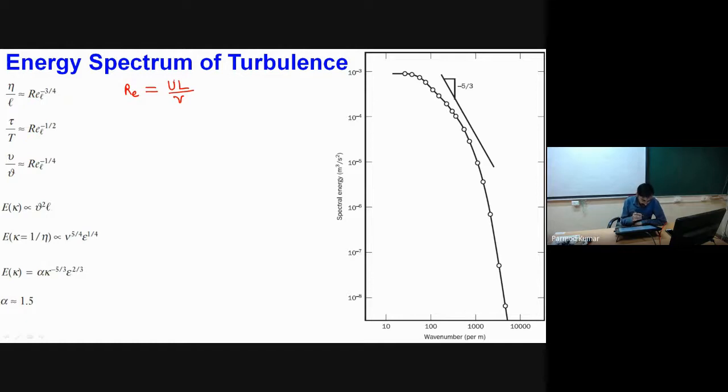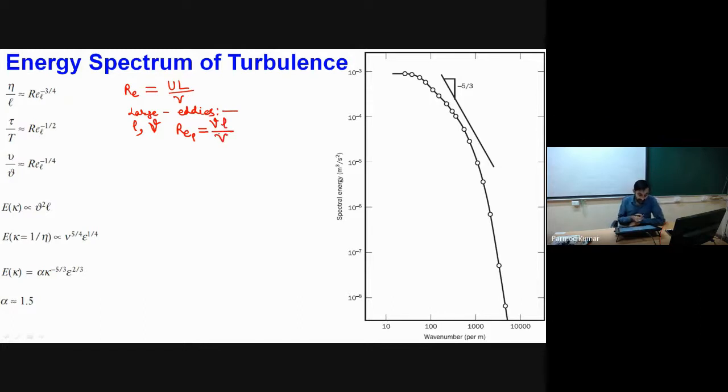Okay, now if I talk about large eddies, let me consider that small l is the length of the large eddies and some velocity v is the velocity of large eddies. Based on this, the Reynolds number of large eddies will be equal to v into l divided by nu.